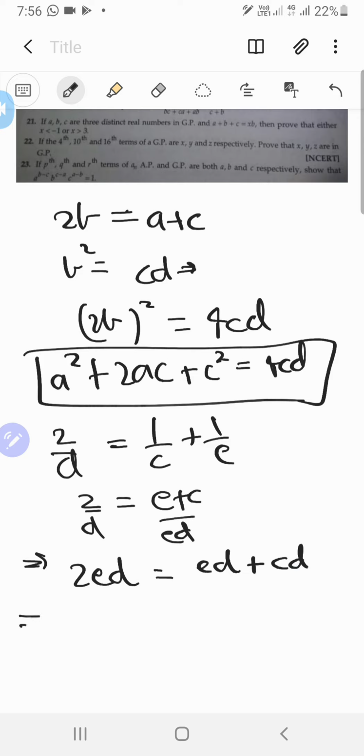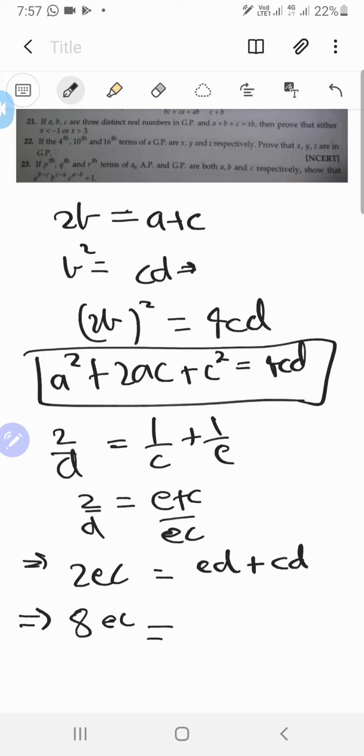So let's multiply by 4. So we'll get 8 ED is equals to, wait, what? Sorry, this is not supposed to be ED, it's supposed to be EC, right? Even this thing, that's supposed to be EC. Sorry for that. So over here as well you will have EC, not ED.